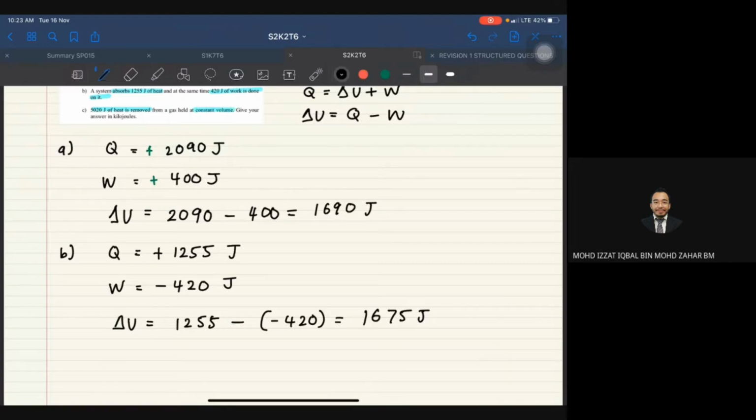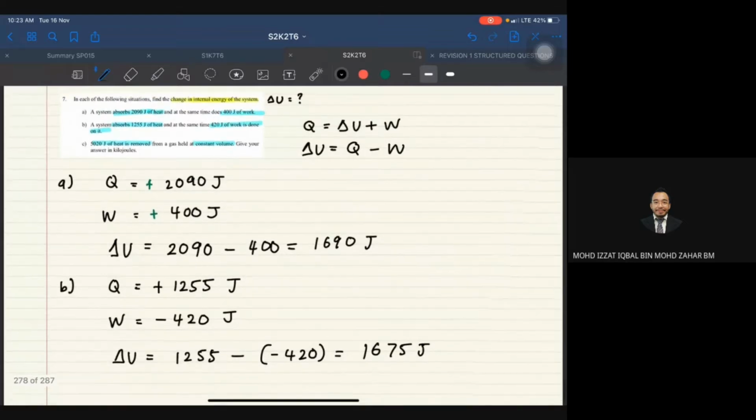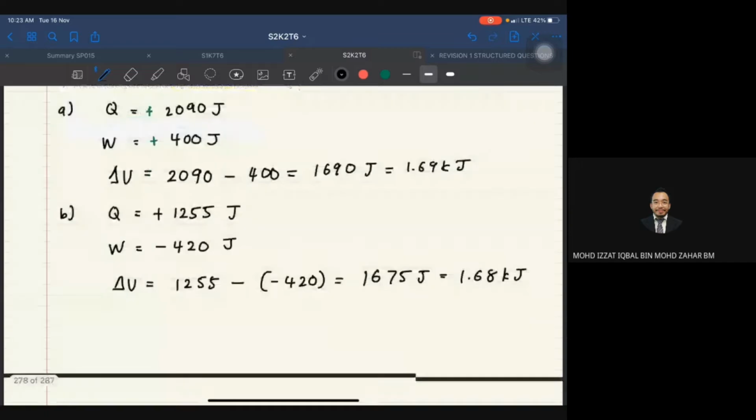Give your answer in kilojoule. Okay, ini dia suruh answer in kilojoule. Okay, tiga-tiga tadi suruh answer in kilojoule. Katakanlah dia suruh yang A tadi tu, the answer will be 1.69 kJ. This one will be 1.68 kilojoule. Okay.